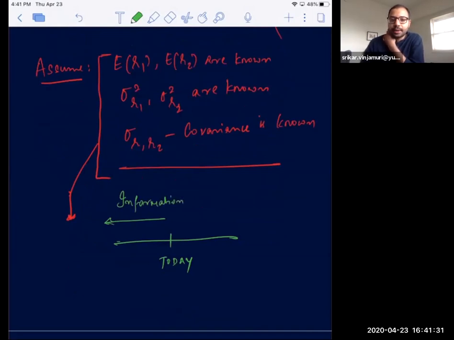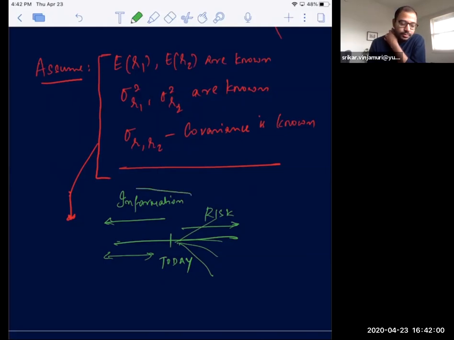All the information is in the past, all the risk is in the future, because the future is uncertain. The past is not. The past, you know exactly what happened. You have historical data, historical prices, you know everything there is to know about the past. You can get as much information as you want about the past, but the future is where all the risk lies. So in a certain sense, what portfolio theory assumes on its basis is that we can use this past information and make informed decisions about the future.